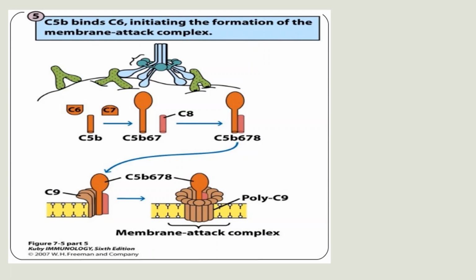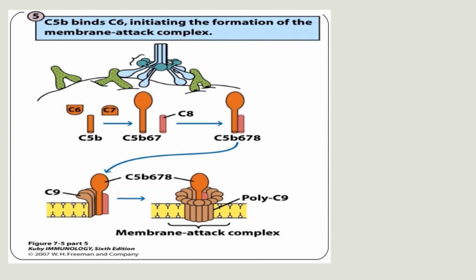The C4b2a complex is called the C3 convertase. C3 convertase will hydrolyze C3 into C3a and C3b. This C3b will combine with C3 convertase to form a complex called C4b2a3b. That complex is called a C5 convertase.